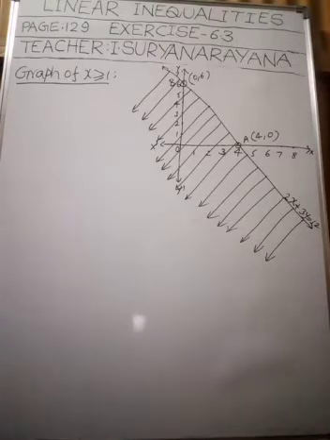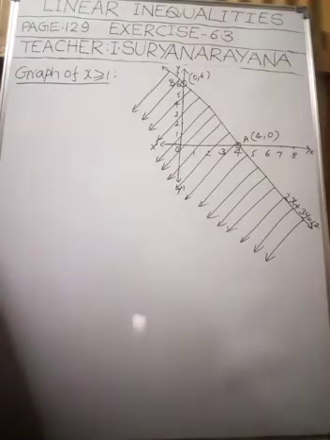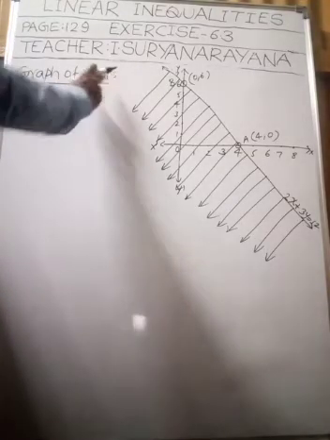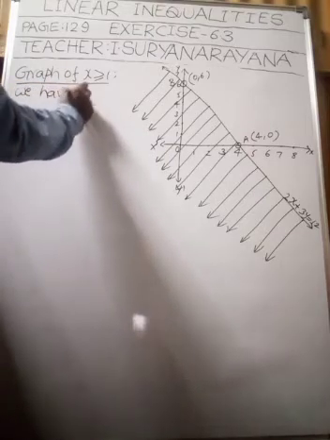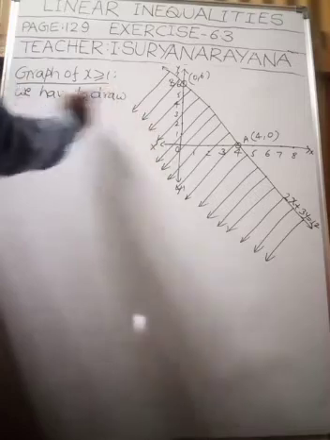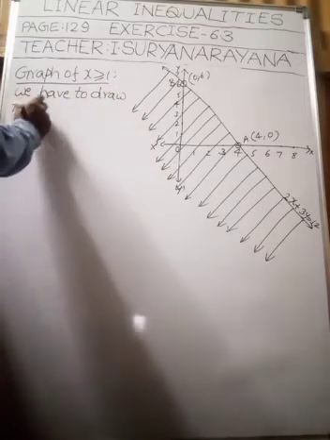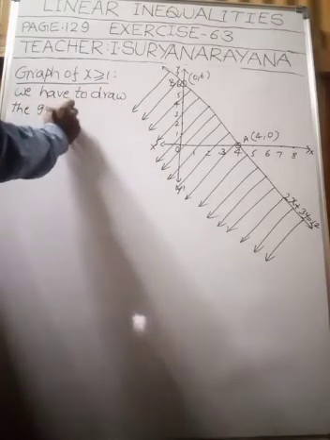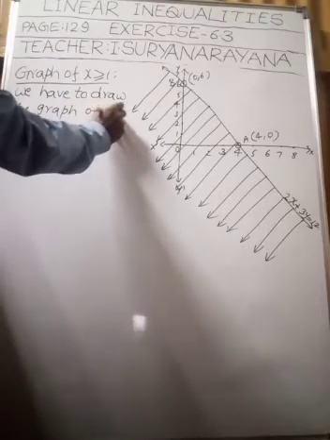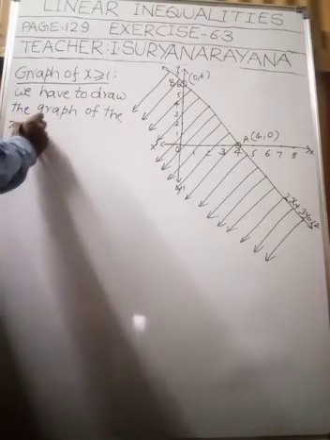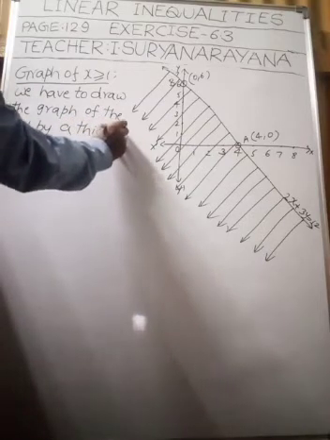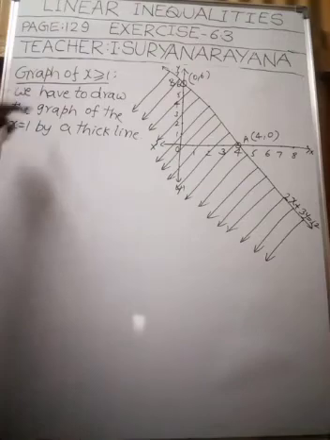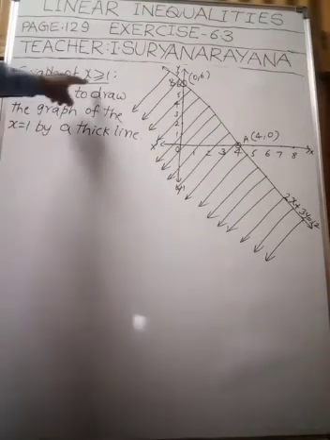Okay, my children? Right. Here we have to draw the line first. What is the line? X is equal to 1. We have to draw the graph of the line x is equal to 1.